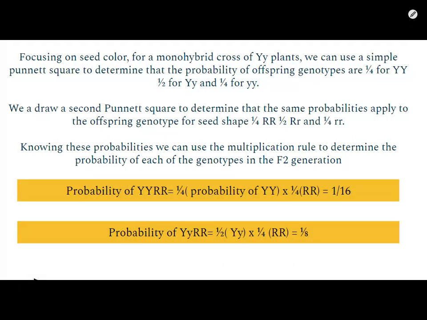We're going to do specifically first a monohybrid cross with heterozygous yellow plants, right? So we do a Punnett square really, really quickly. Two heterozygous, big Y, little y, big Y, little y.